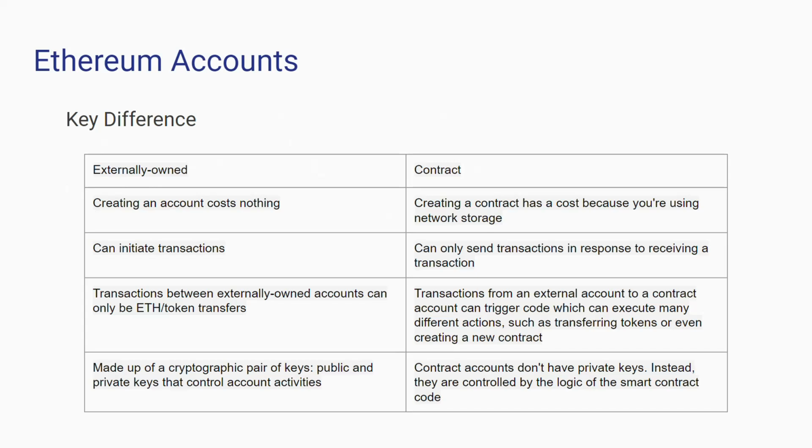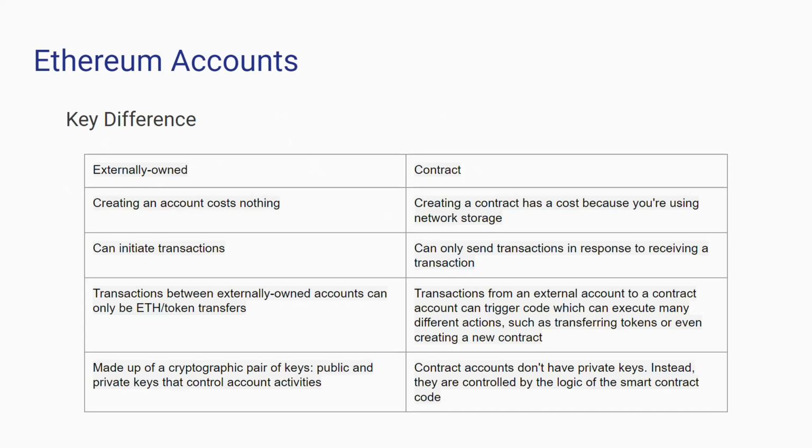With the contract, a transaction can only come from an external account to a contract account, and it will be triggered by a certain code which can execute based on different actions and conditions, such as transferring a token or even creating a new account. There could be a lot of if statements and conditional scenarios that will trigger that.